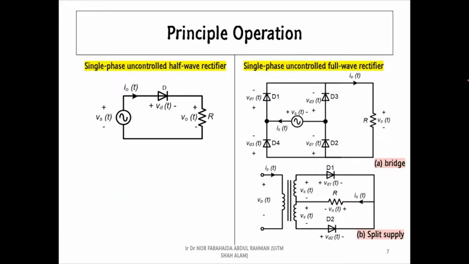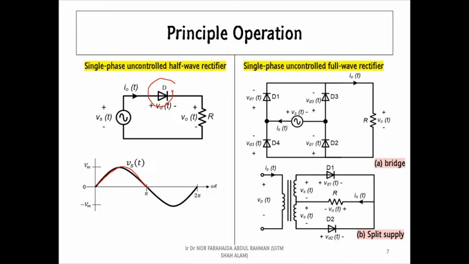As the direction of current flow depends on the polarity of a voltage source, it's better to explain the principal operation of the rectifiers based on the waveform of a single-phase AC supply voltage. During the positive half cycle, diode D in the half-wave rectifier is in forward bias.